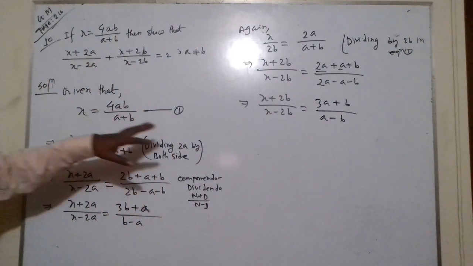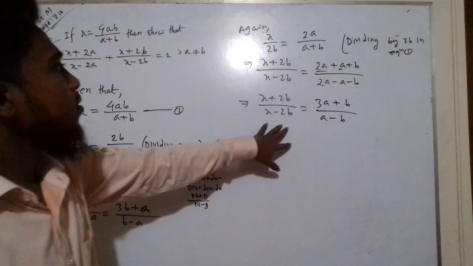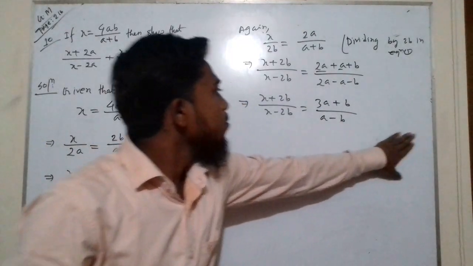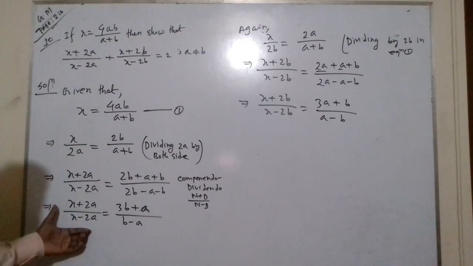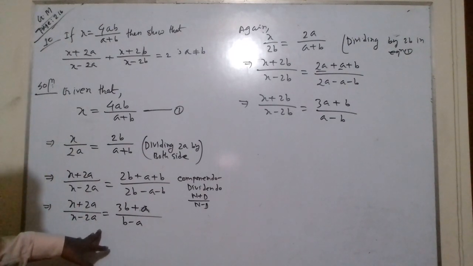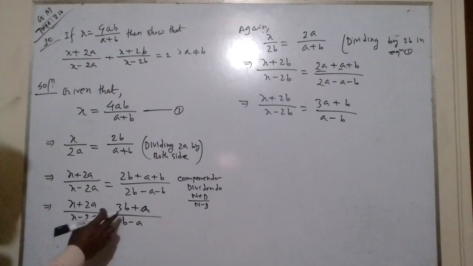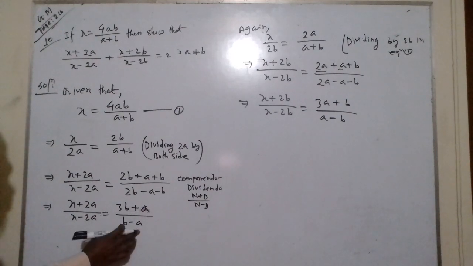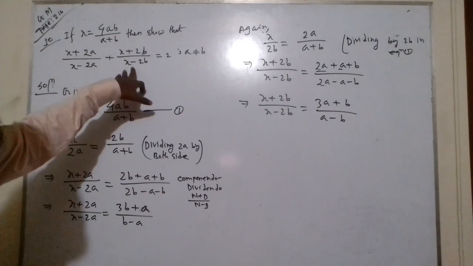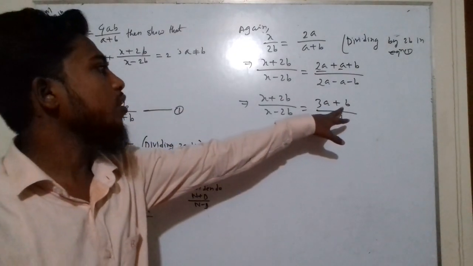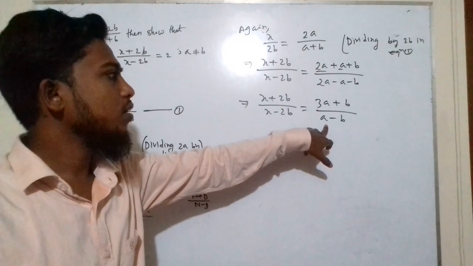So we can write the value of x plus 2a divided by x minus 2a. This equal to 3b plus a divided by b minus a, and the value of x plus 2b divided by x minus 2b is 3a plus b divided by a minus b.